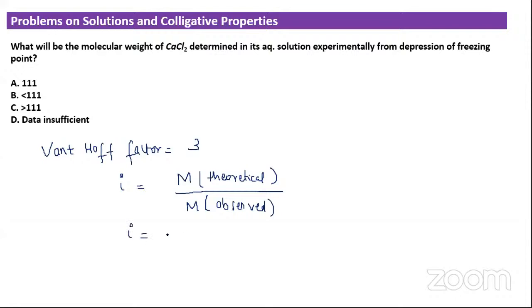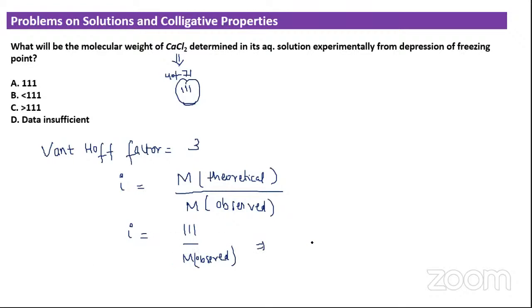So i will be equal to M theoretical over M observed. You can find the molecular weight of CaCl2. It will be 71 of chlorine plus 40 of calcium, so it will be 111. ठीक है. So 111 divided by M observed. ठीक है. And i value you know.